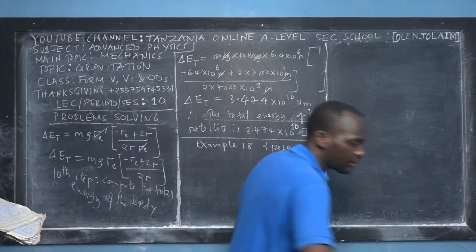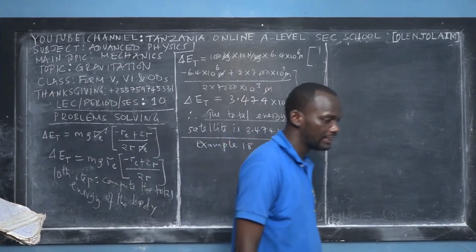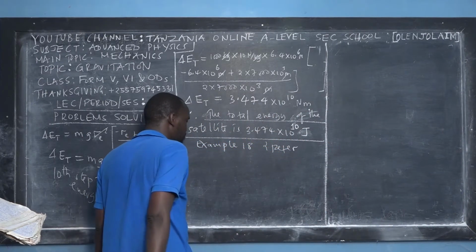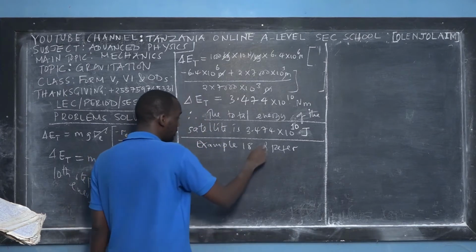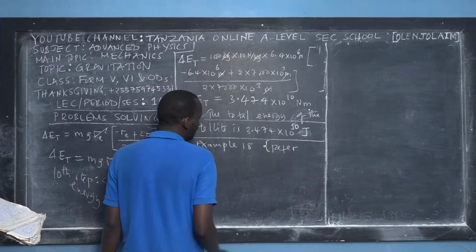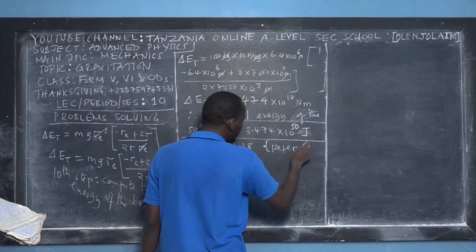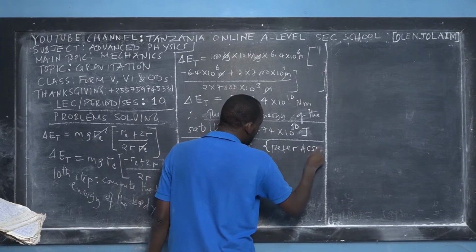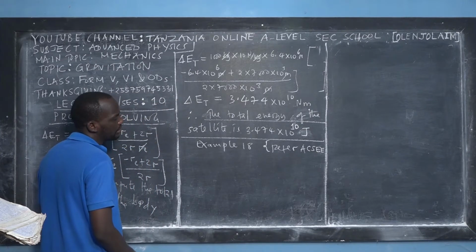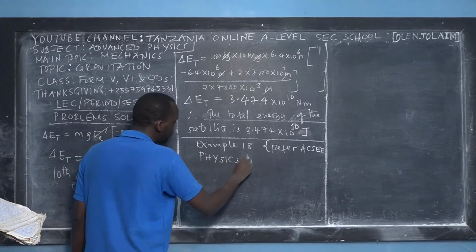Before 2010, gravitation was one of the topics contributing to one question in paper 2 of 20 marks. Then after formulating a new syllabus, gravitation became one of the topics contributing in the Advanced Certificate of Secondary Education examinations, physics paper 1.